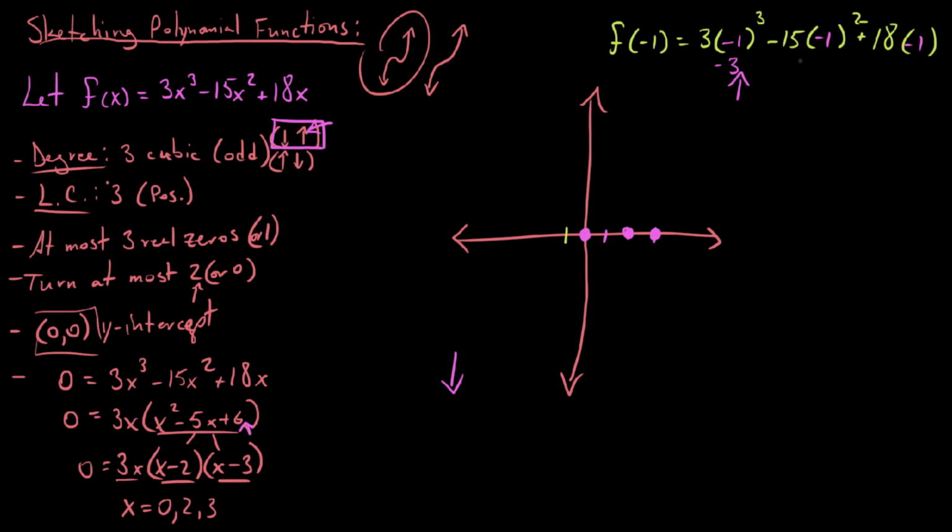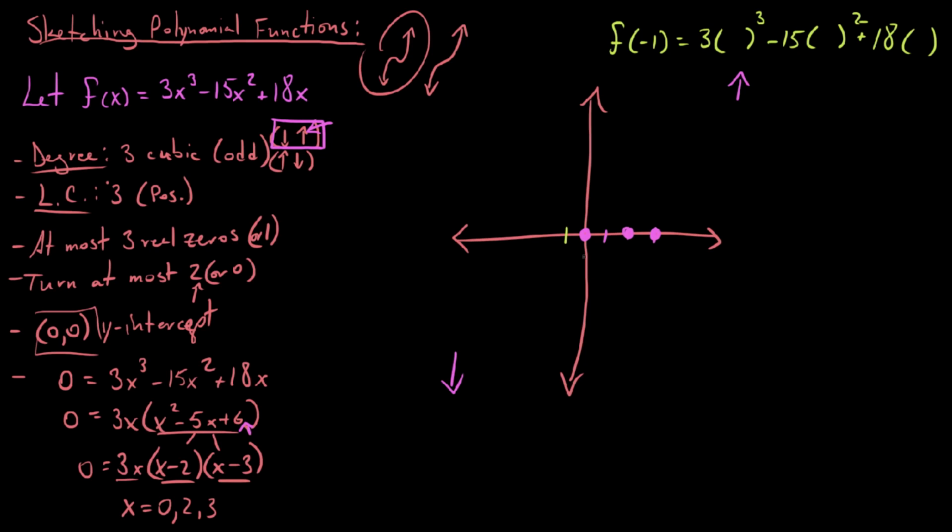We get -15 times +1, so +15. And then 18 times -1 is -18. So what you end up with is 12 minus 18, which is -6.